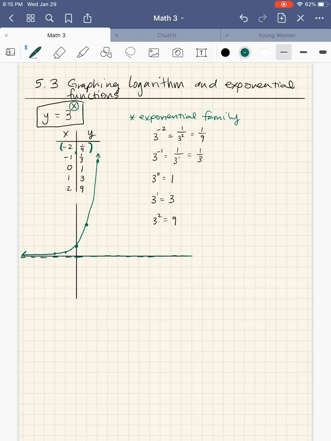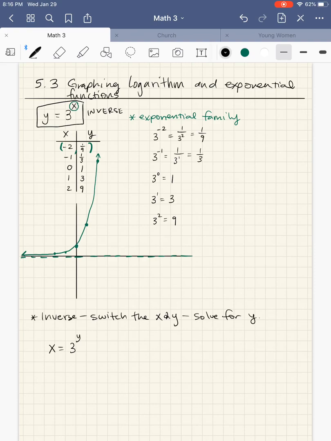So my next question is, how would I graph the inverse of this function? Well, that's what we just had our quiz on, our inverses. So if you remember, what we can do to find the inverse is switch the x and y, then solve for y. So instead of y equals 3 to the x power, I could say x equals 3 to the y power.